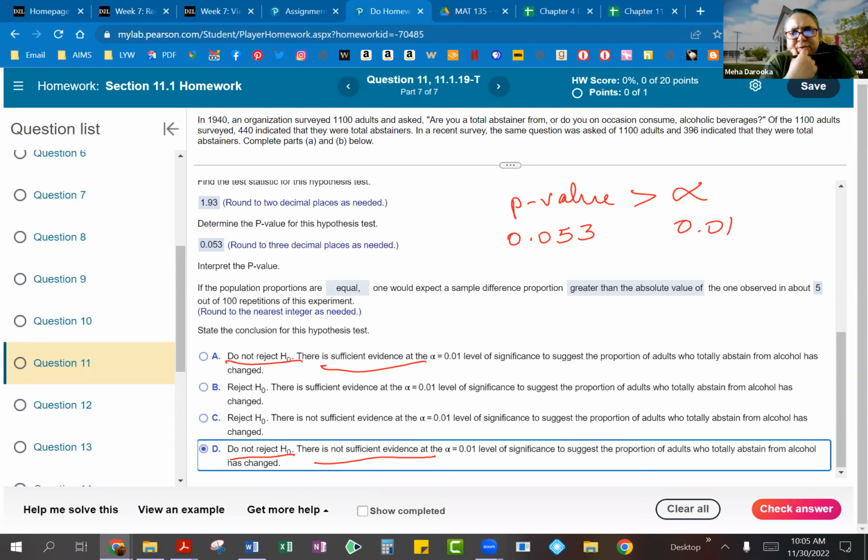I was kind of thinking we should have sufficient evidence, because that's a good difference between the alpha and the p-value. Hold on, let me go back to my notes.